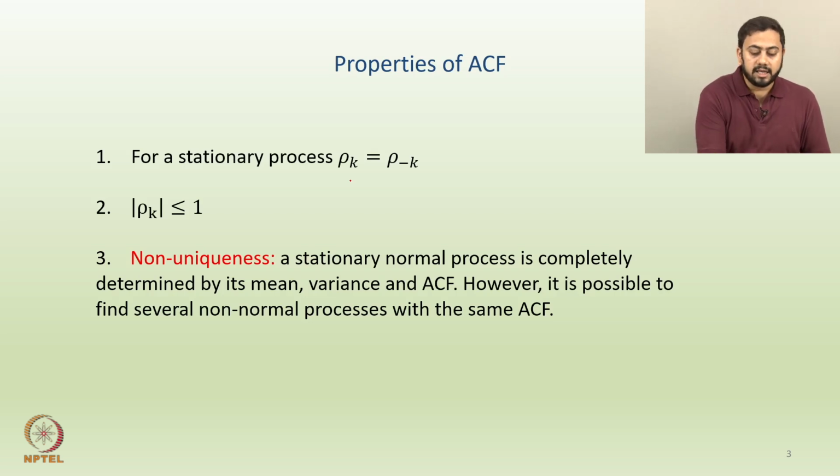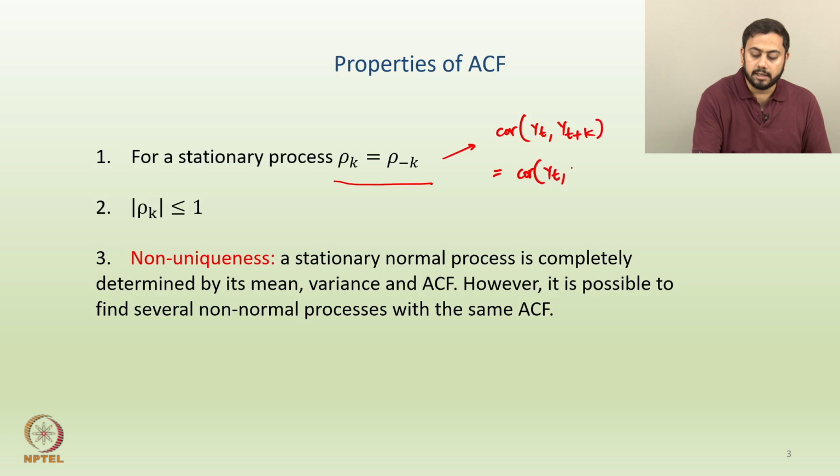In that case, rho k is exactly equal to rho of minus k. This comes from the point we discussed a short while back: the correlation between yt and yt plus k should obviously equal the correlation between yt and yt minus k.